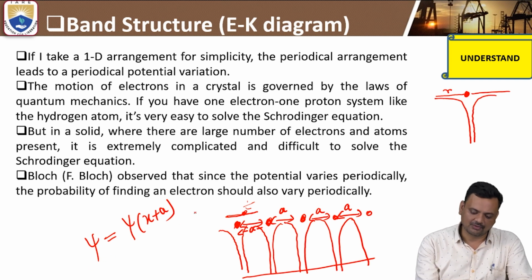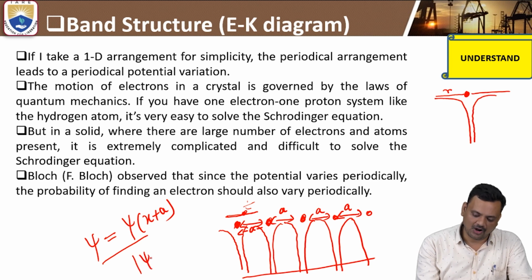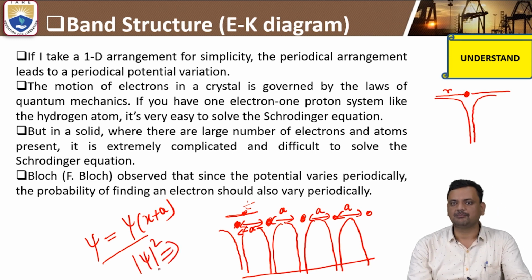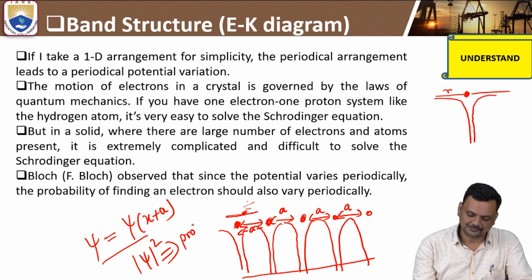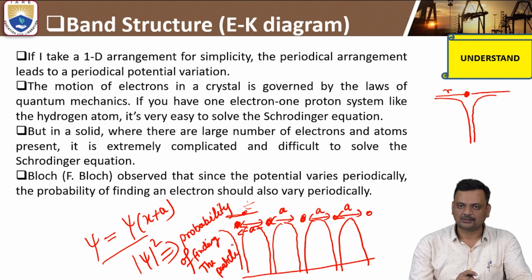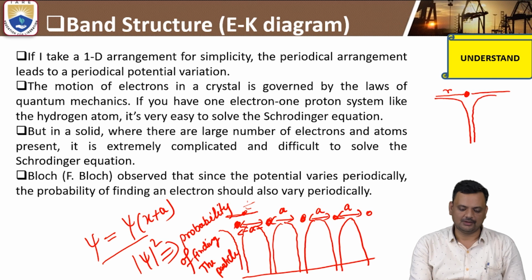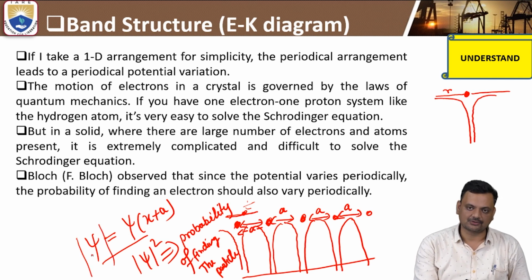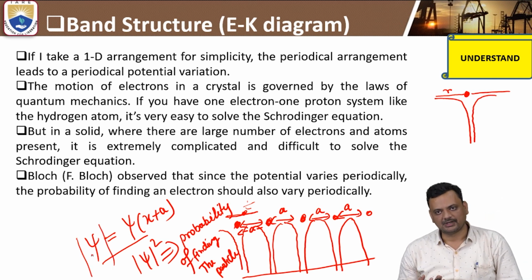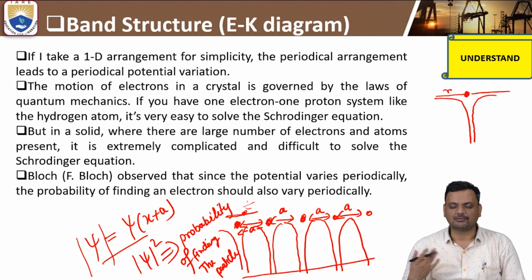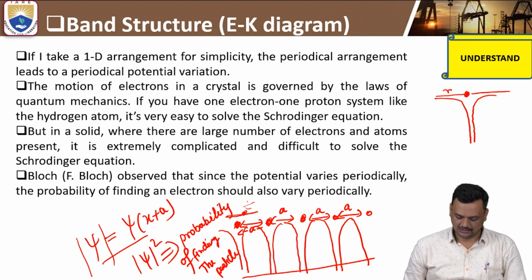So psi is the wave function, and mod of psi square will always give the probability of finding the particle. If you take the mod and square it, it will give the probability. That's why it is also called the probability distribution function.